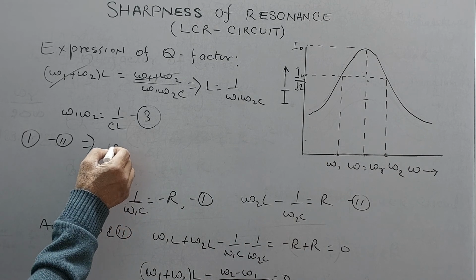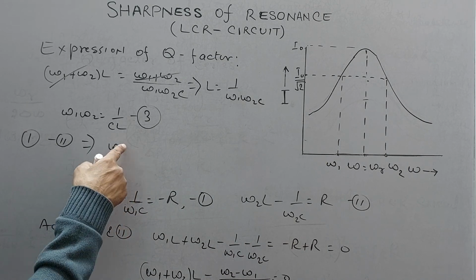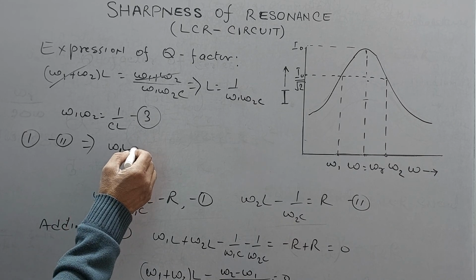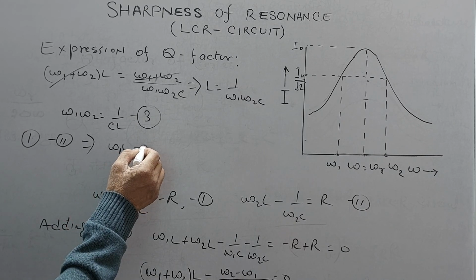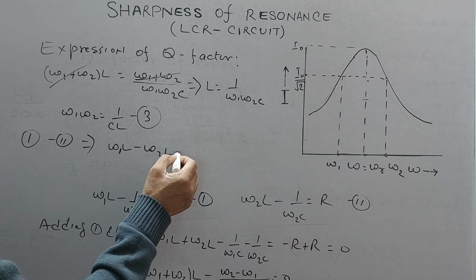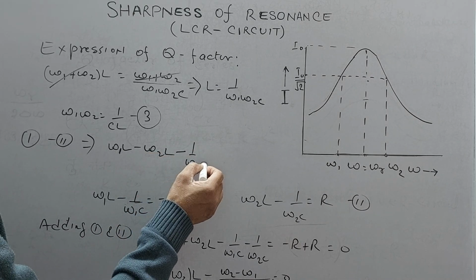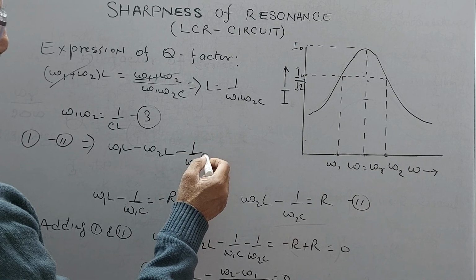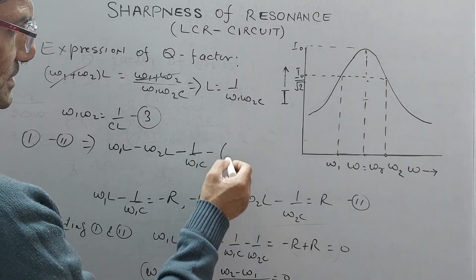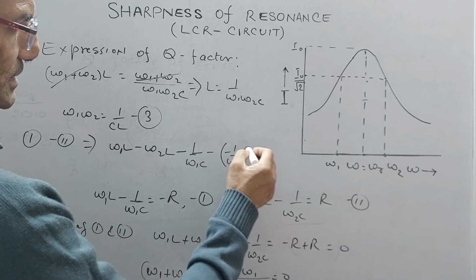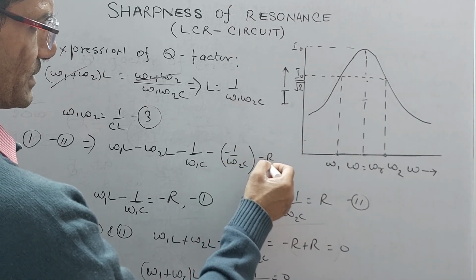Now omega 1 L minus omega 2 L, second term is this omega 1 C and minus omega 2 C, is equal to minus R.